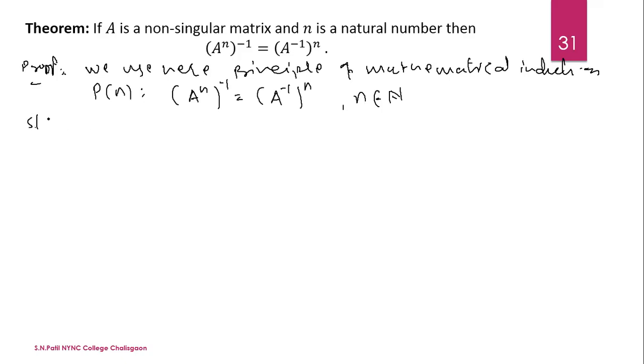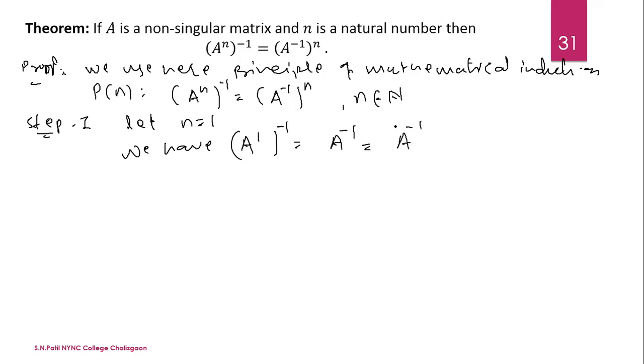Now step first, let n is equal to 1. Now put here A raised to 1 raised to minus 1, that is A raised to minus 1. Now it can be written as A raised to minus 1 bracket raised to 1. So for n is equal to 1, P1 is true.